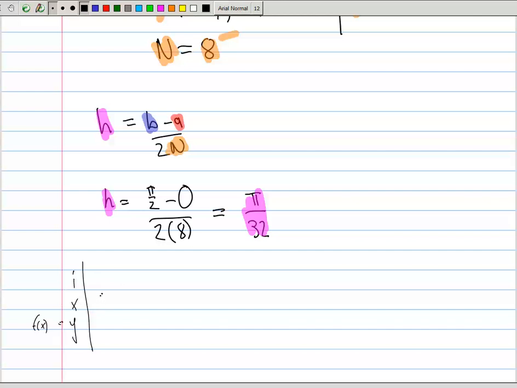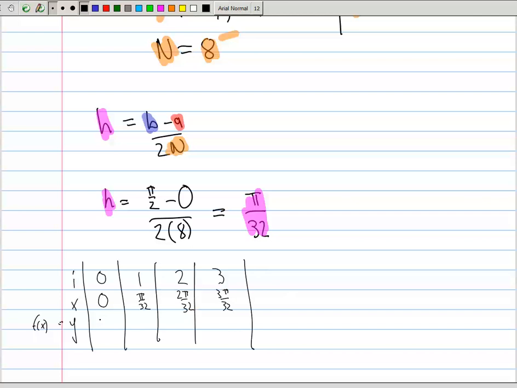Remember you always start with 0 on the I, so you're going to have 0, 1, 2, 3, and so forth, all the way up to your final term. Your X, just so that you're following where we're coming from, we've got 0, pi by 32, 2 pi by 32, I'm not going to simplify it, 3 pi by 32, keeping it unsimplified just for clarity purposes, so you can see the change in h.